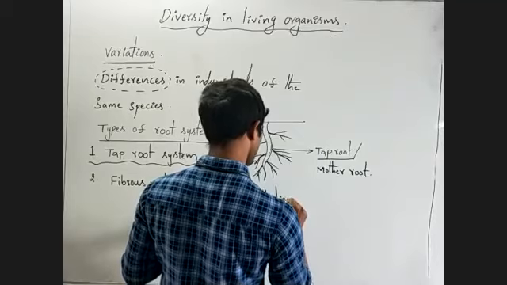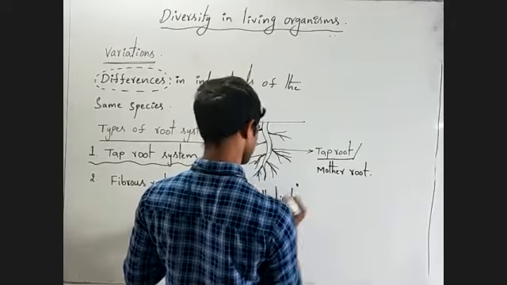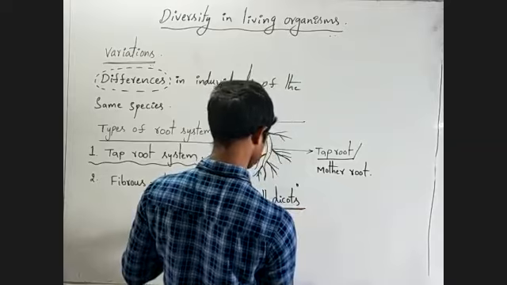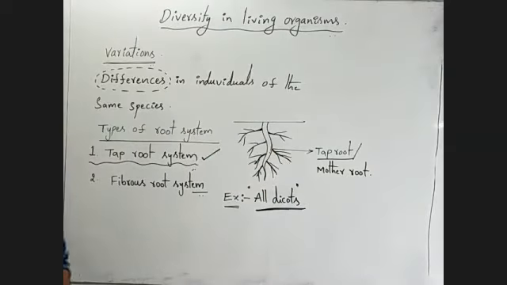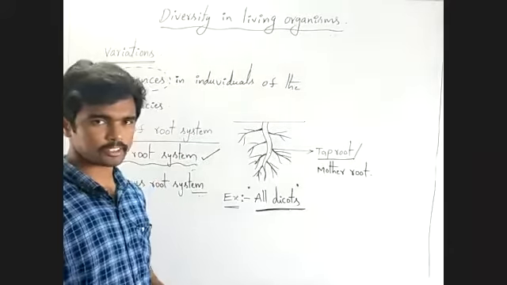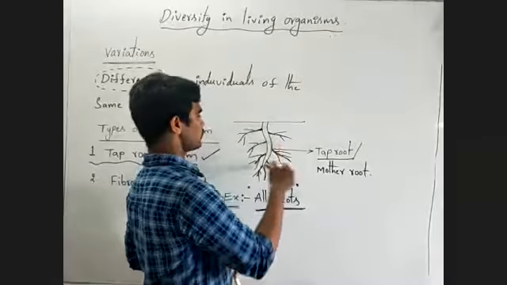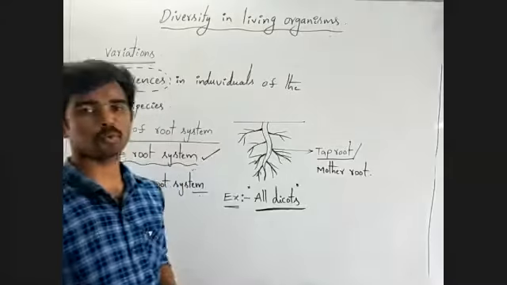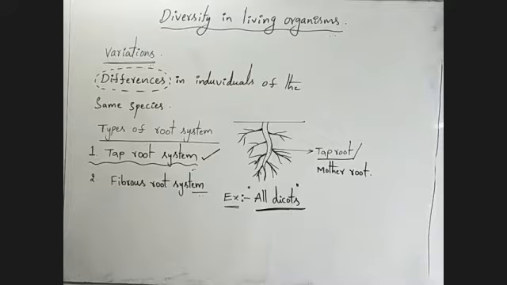Observe, maximum all dicots, with some few exceptions, contain this type of taproot system. Okay, observe carefully. First type of root system it is.